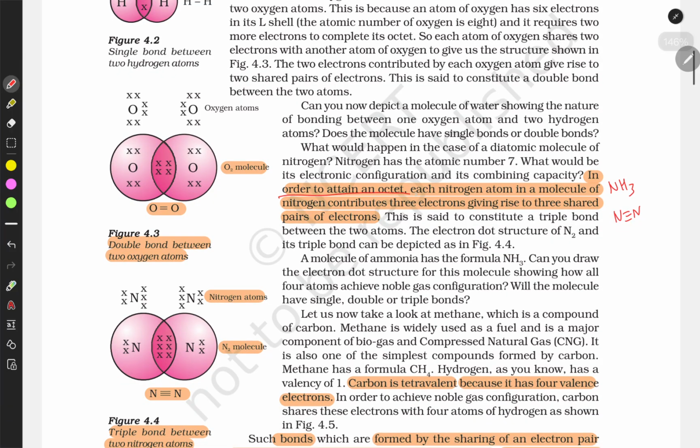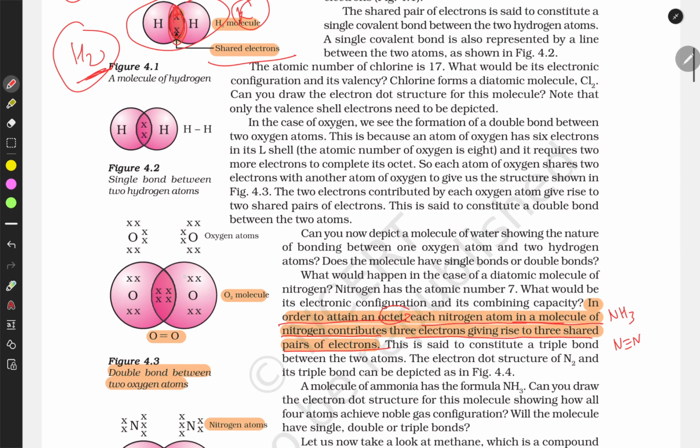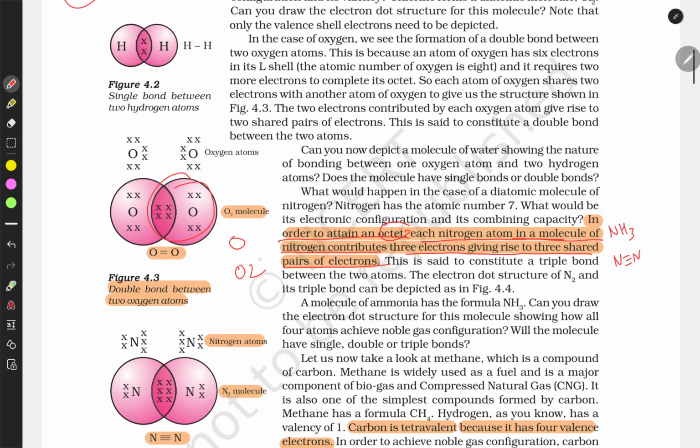Okay, in order to attain the octet, each nitrogen atom in a molecule of nitrogen contributes 3 electrons, giving rise to 3 shared pairs of electrons. So what is happening in the case of oxygen? Oxygen is not found as O, it is found as O2. Why?